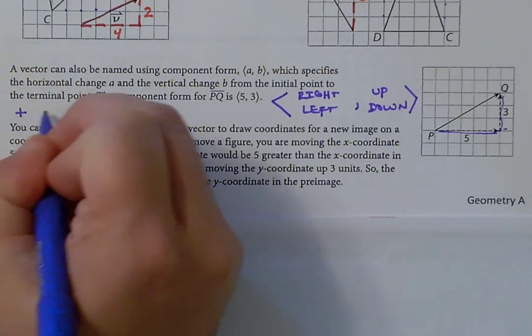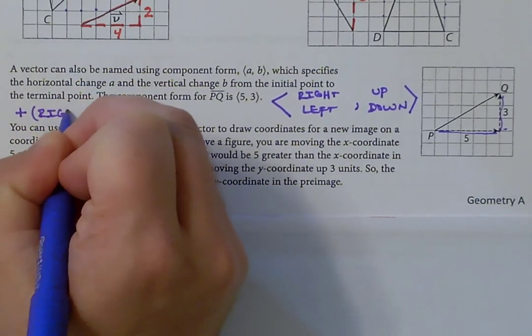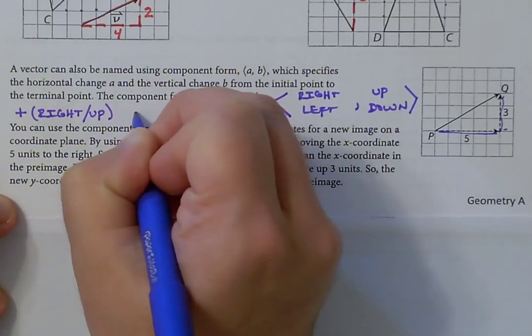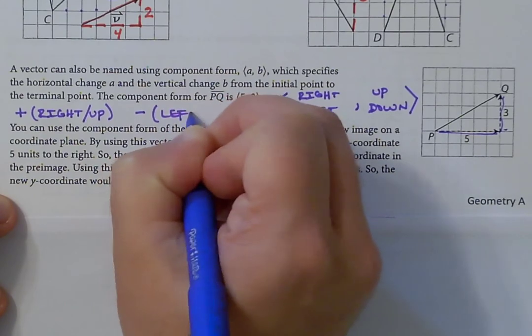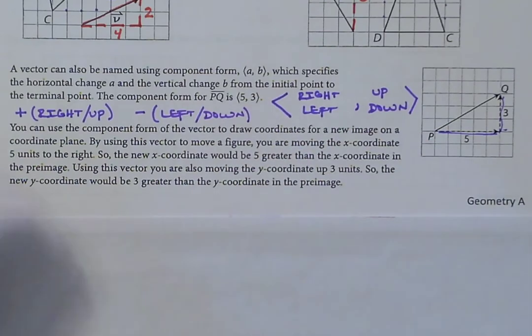Your number is going to be positive when you move right or up, and it's going to be negative when you move left or down. That's a really helpful key piece of information to know.